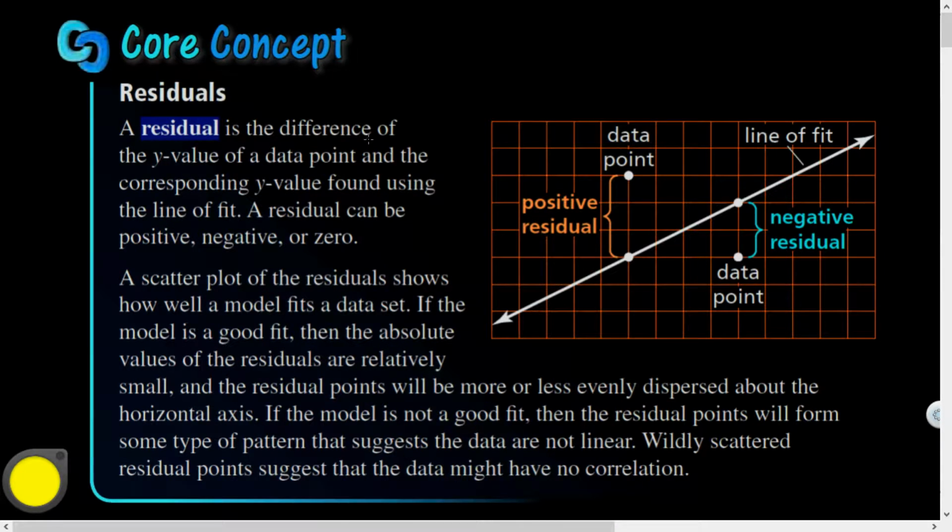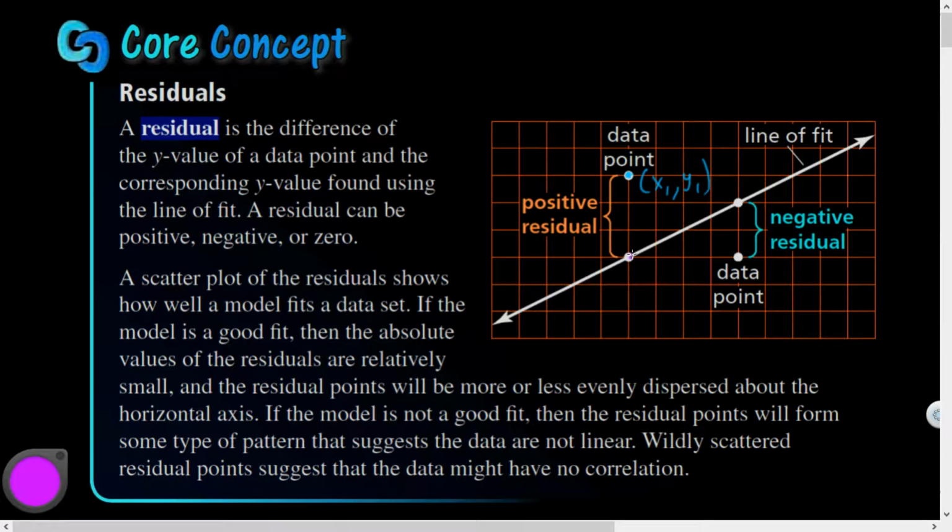A residual is the difference of the y value of a data point and the corresponding y value using the line of fit. So this data point right there would have been some sort of x1, y1 from our scatter plot. And then I would have made a line and I could have predicted a y value.